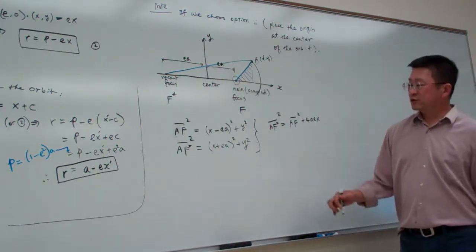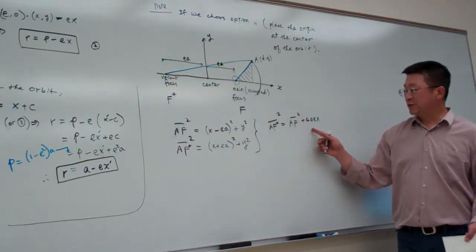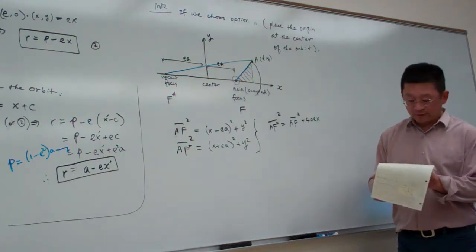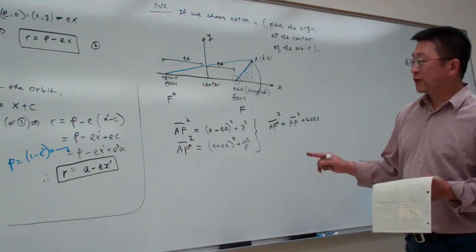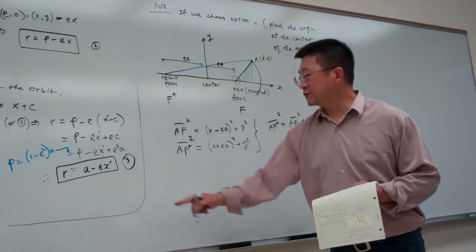Nothing special here, I just compare the relations and get the basic relation, which can be like this. Now because we are using the second option, I use this one.